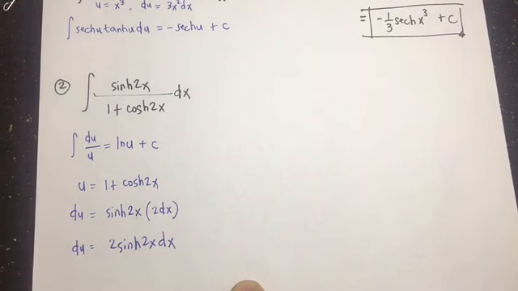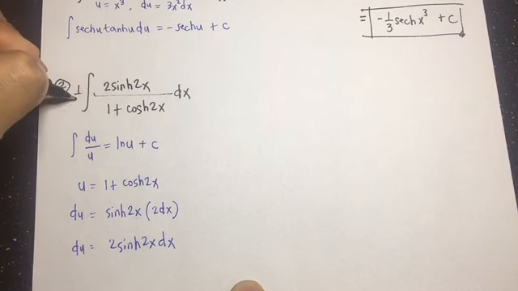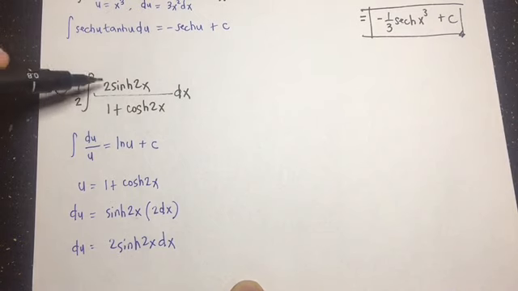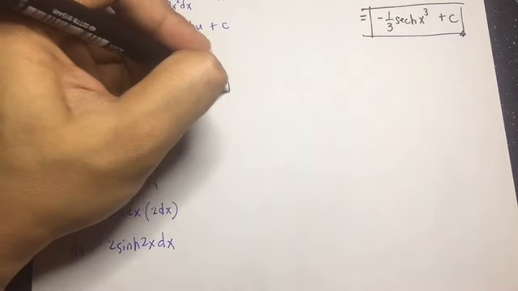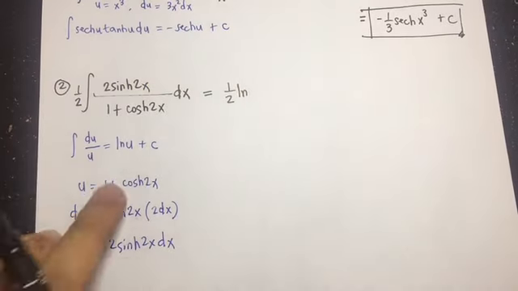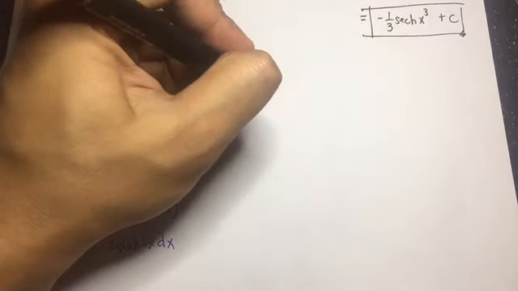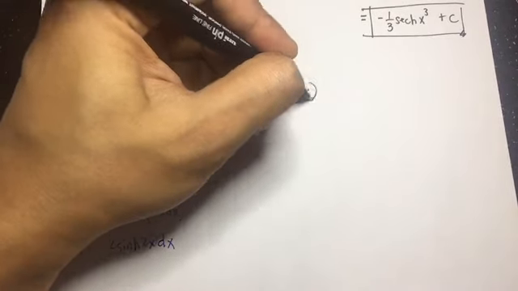So right here 2, then outside the integral sign, write 1/2 to balance the numerical coefficient that we added. So this will become 1/2 ln of u, which is 1 plus hyperbolic cosine of 2x, plus c.